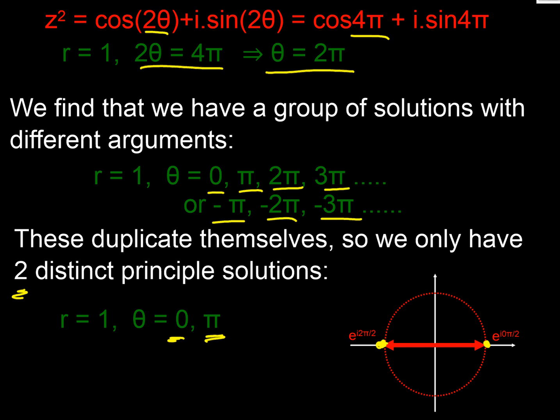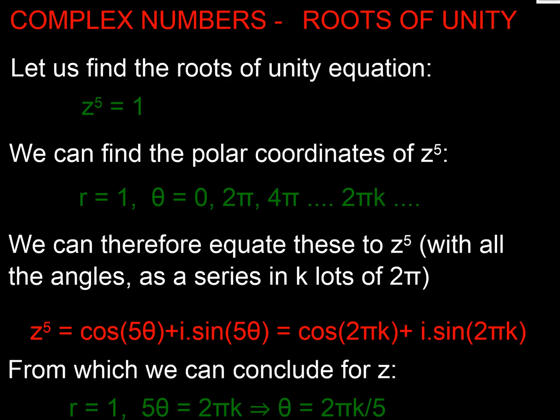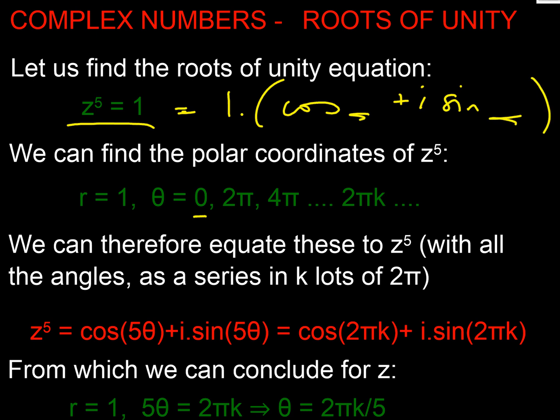Okay, so let's extend this and look at some complex solutions. Let's have a look at z to the 5 equals 1. And looking at what we looked at before, we're going to use this idea for our angle. If we look at our cos inside here, plus our i sine, what's our angle there? Well, this angle here could be either 0 or 2 pi or 4 pi or any multiple of 2 pi.